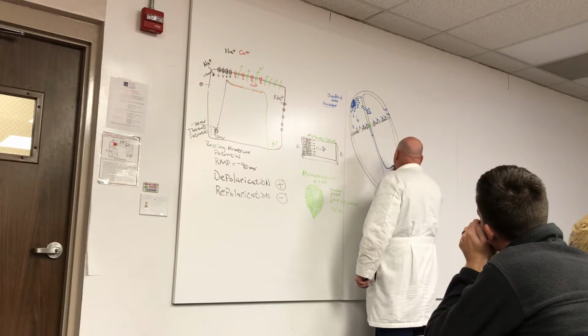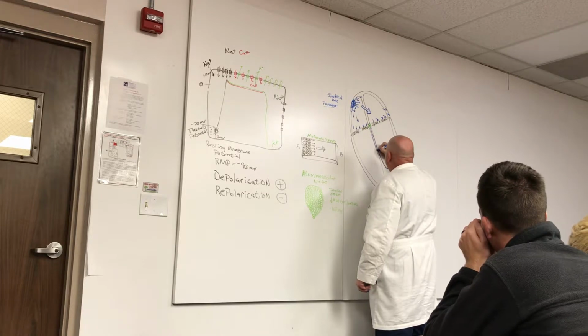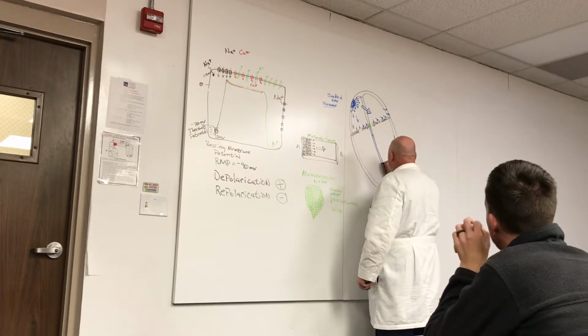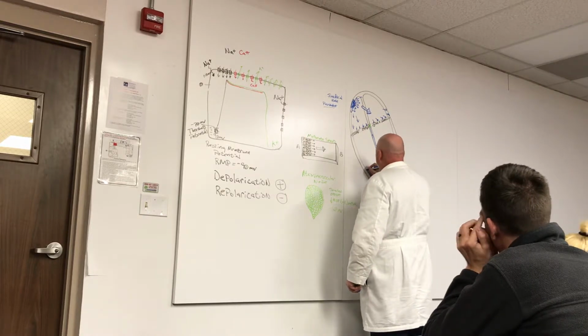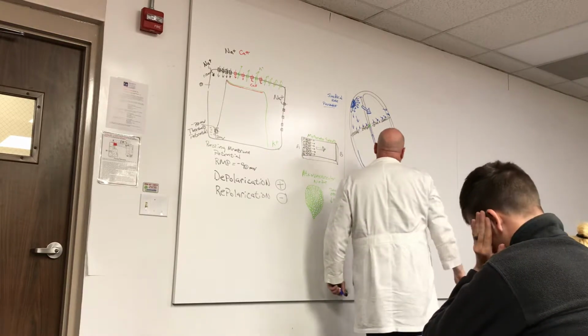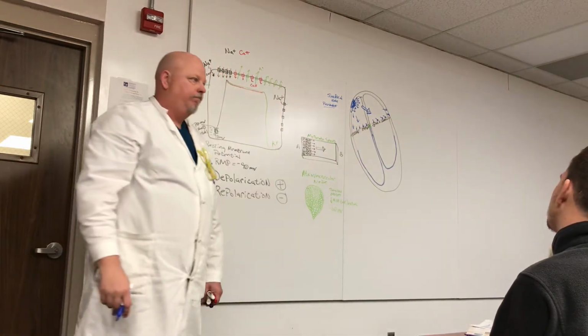All right, let's talk about another group of specialized cells. This group of specialized cells is called the Purkinje system.